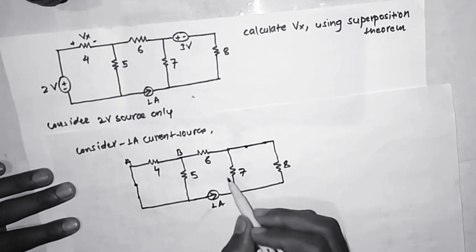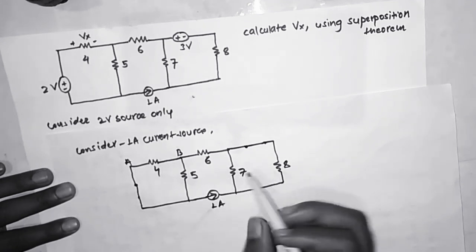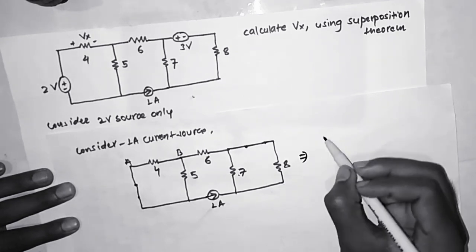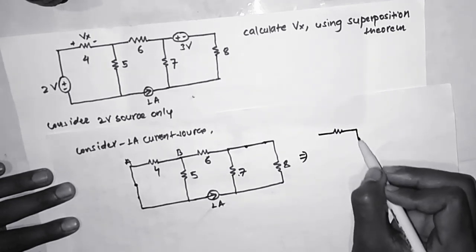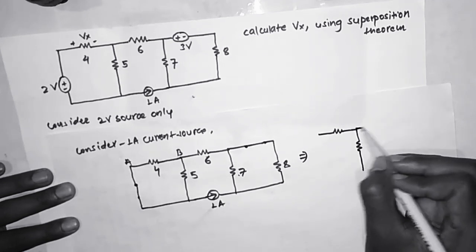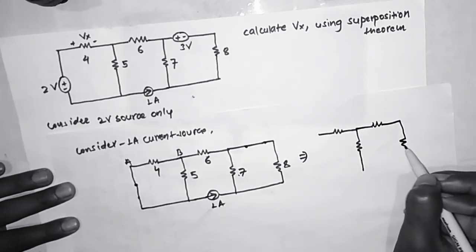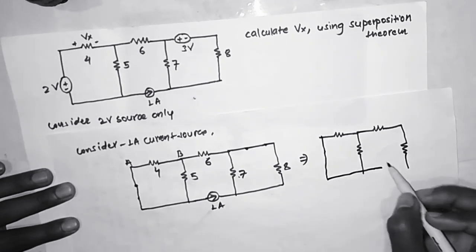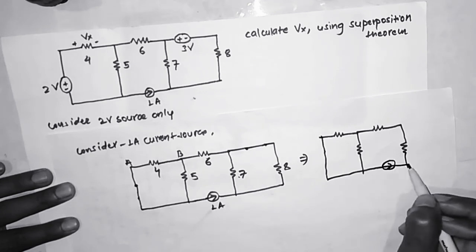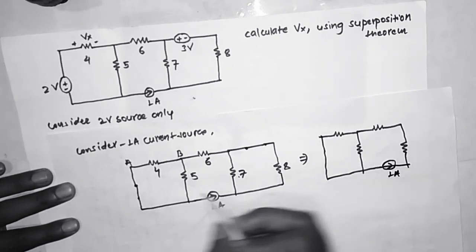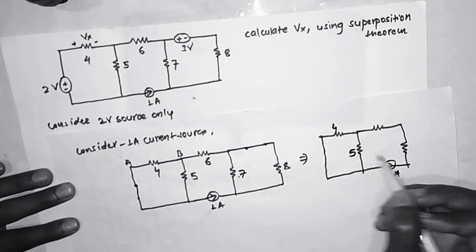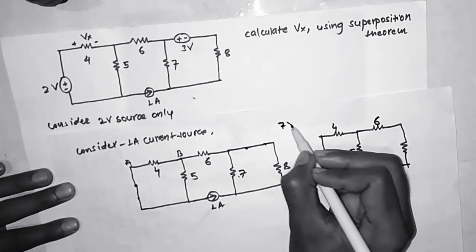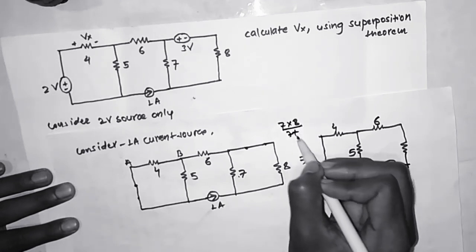If we simplify this circuit, since 7 ohm and 8 ohm are in parallel, on further simplifying we can draw it as: the 1 ampere current source, 4, 5, and 6, and 7 and 8 in parallel, so we write 7 into 8 upon 7 plus 8.